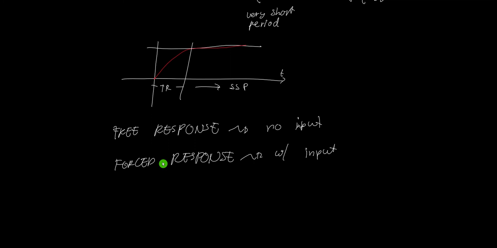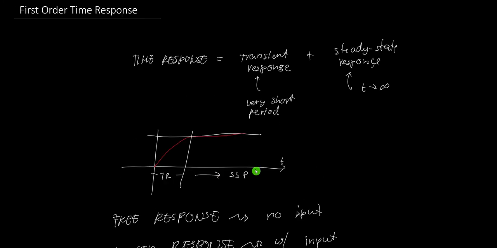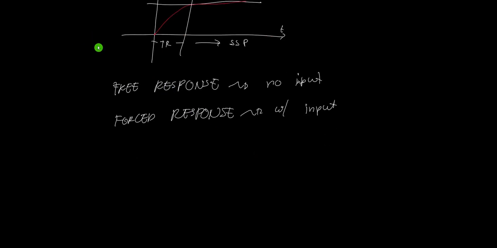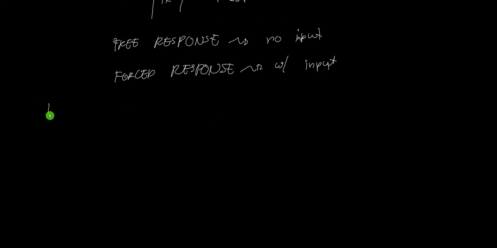So what are the responses that we are looking for in the time domain? It depends on our inputs. To illustrate those responses, we need an example. We can look at our derived transfer function of an RC circuit.